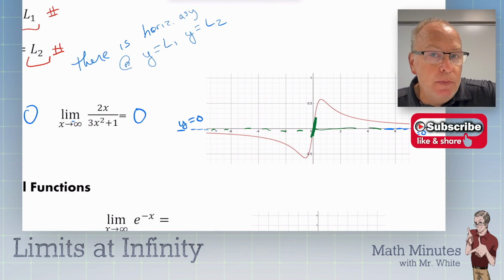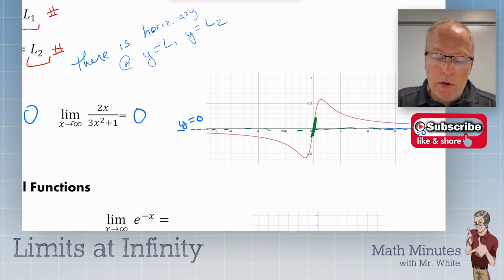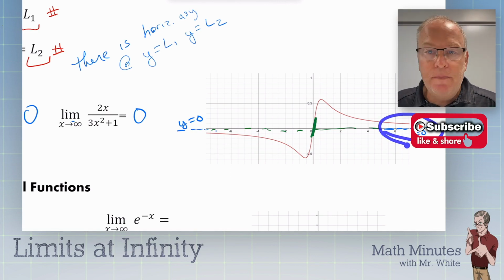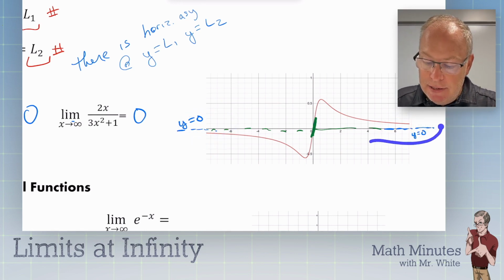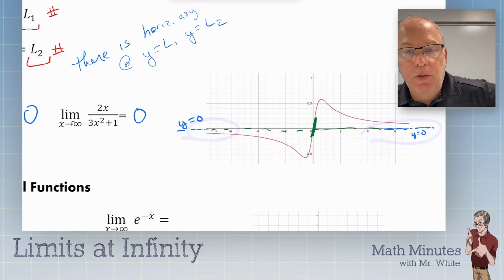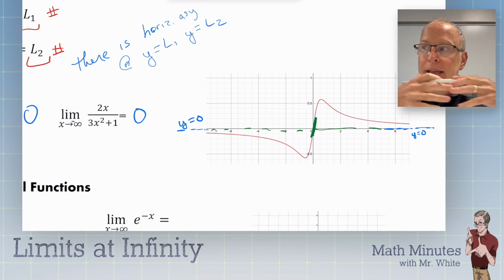Gets really close to, but never crosses. Here's the thing: horizontal asymptotes are only over here and over here. They're not in the middle. You can't have an asymptote in the middle. So it doesn't matter what the function's doing in the middle.